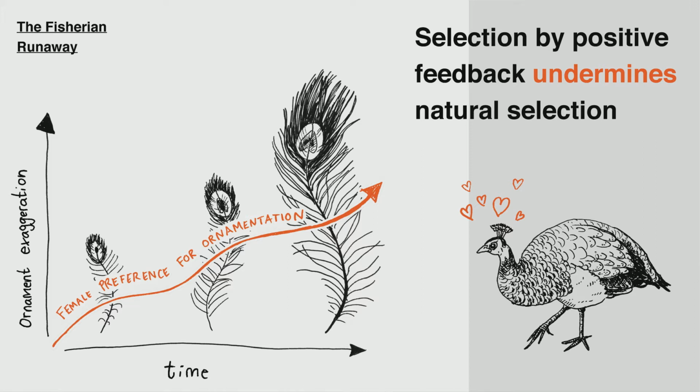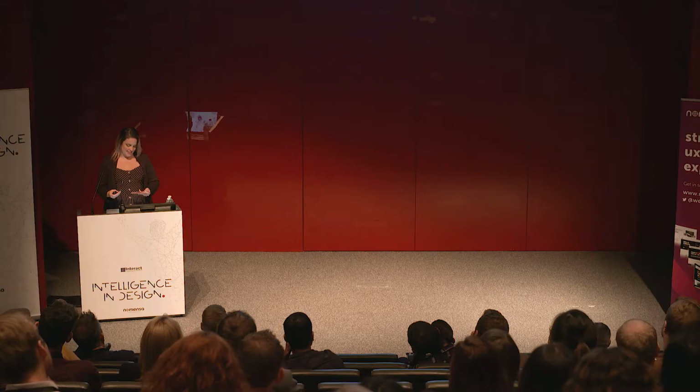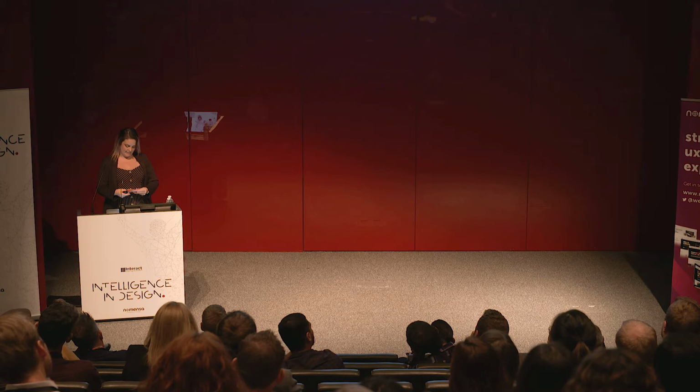So preference for the ornament in the female would also increase the amount of baby peacocks with the inherited fitness. Subsequently, females simply preferred the exaggerated tail, and the overall fitness was overridden. Over generations, this leads to a runaway selection by positive feedback. The trait becomes more and more exaggerated, but the fitness it used to signify is no longer there.